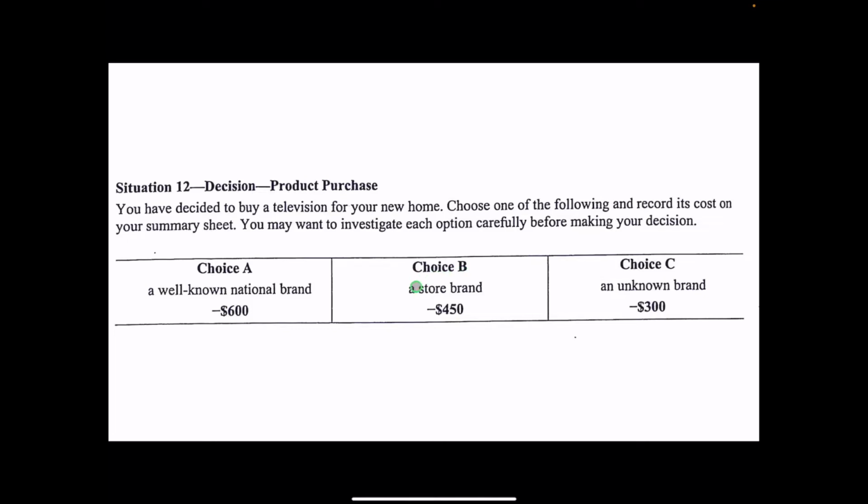B, do you want a store brand? You go into the store, it's pretty much a generic brand. Or choice C, an unknown brand. So in situation 12 on your summary sheet, make sure you write your choice, A, B, or C, and then put the dollar amount on there. And then figure out your new balance.